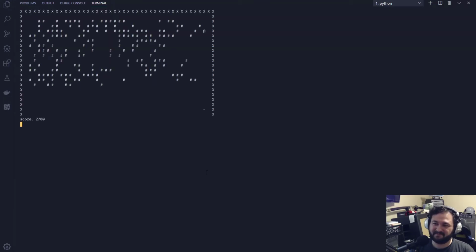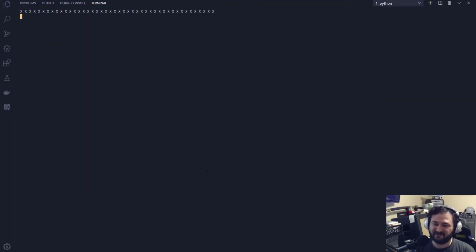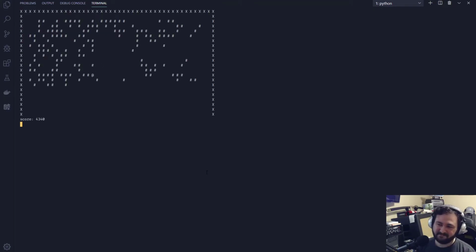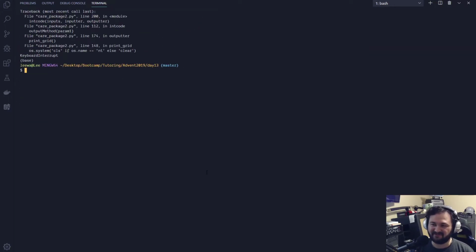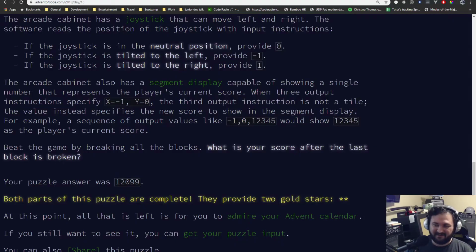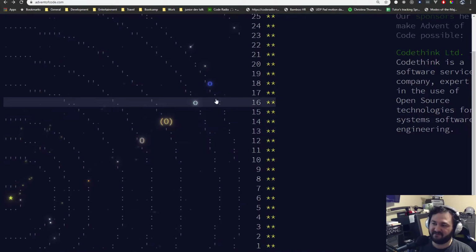But the combination of Eric's program that's actually running breakout and doing the collision detection, and my animation, just produced this really cool result. I thought it was super fun. I really like this problem. We won't let it go to completion because it'll take a while, but that was a real fun one.